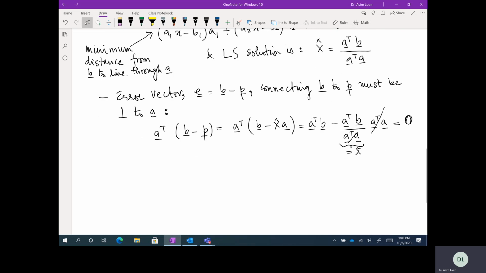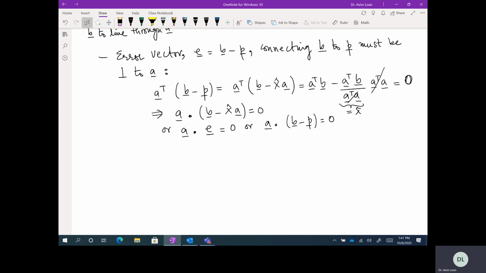So A dot e equals 0, or A dot (b minus p) equals 0. All these imply the same thing.